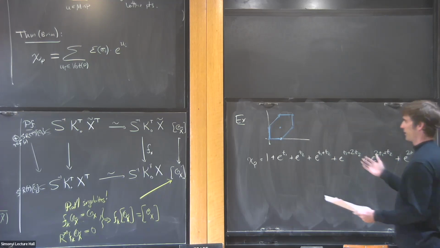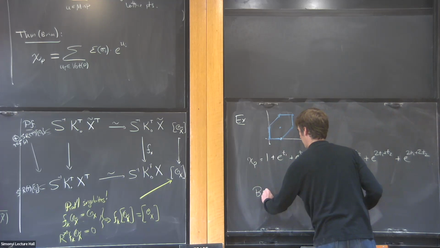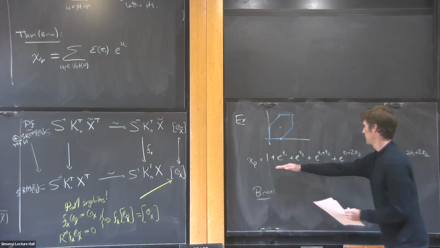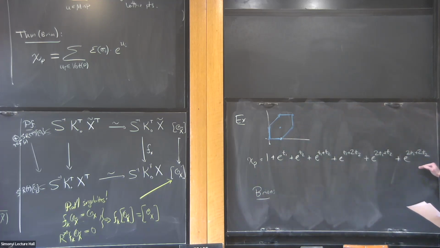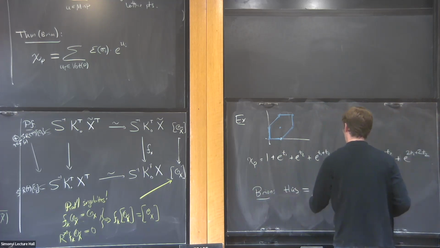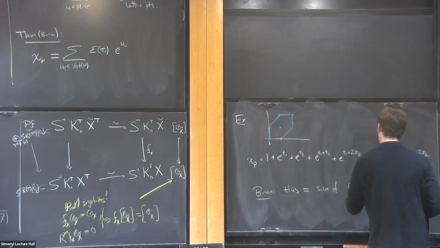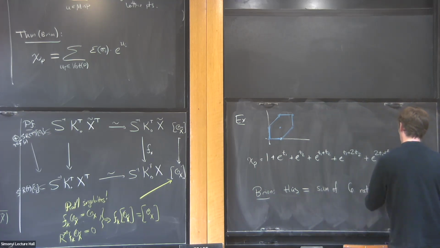Okay, and Brion's theorem says that this 7-term polynomial is a sum of 6 rational functions.